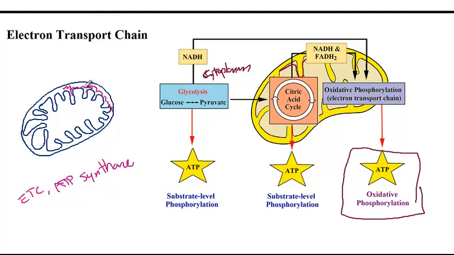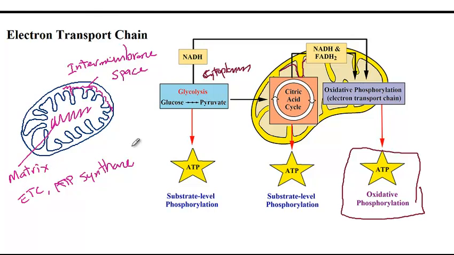The space between the inner membrane and the outer membrane, so the space right here, this is called the intermembrane space, and the space bounded by the inner membrane, the space right here, is called the mitochondrial matrix. And this mitochondrial matrix, as we just discussed, contains all the enzymes required for the citric acid cycle and the fatty acid oxidation.